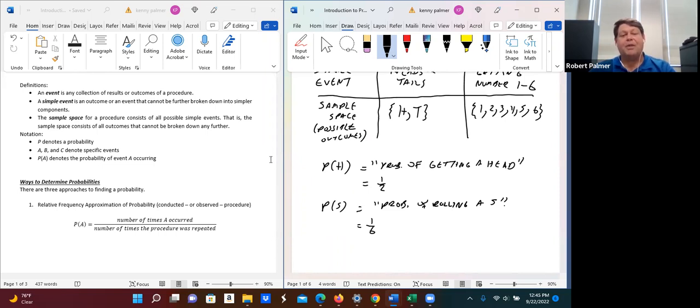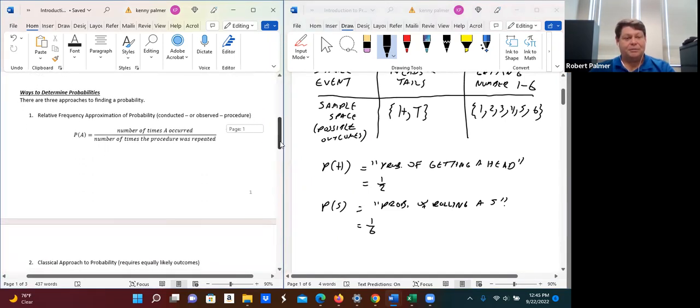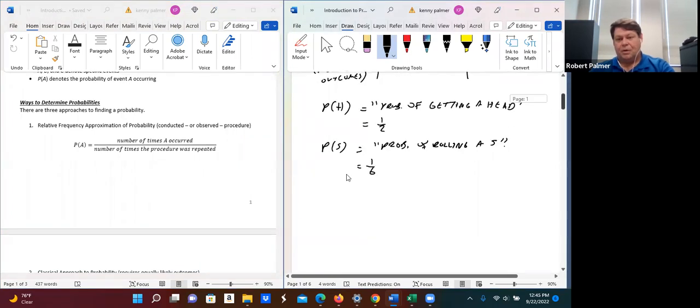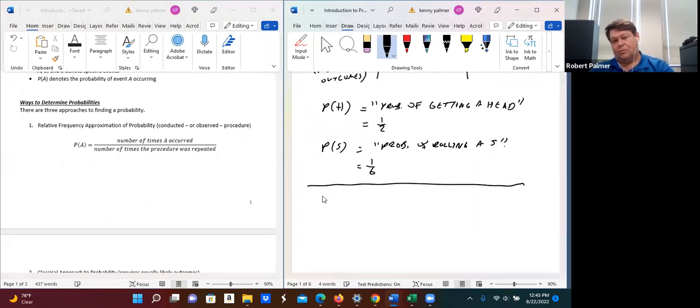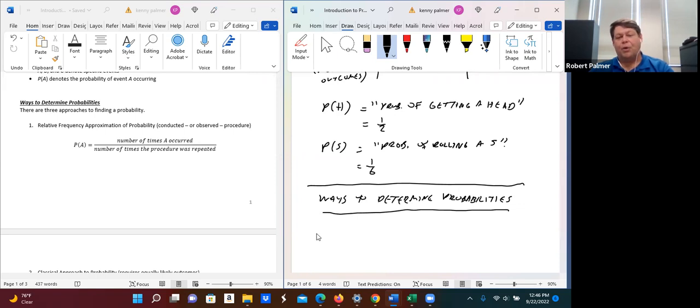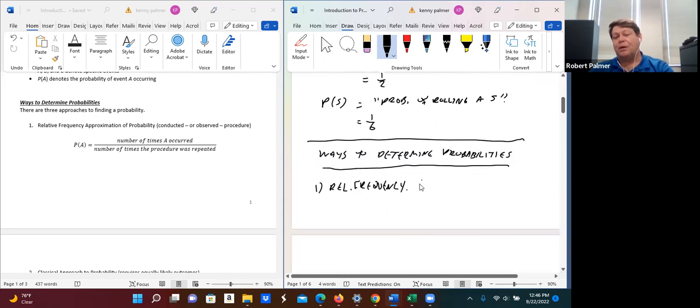Now let's talk about the common ways to determine probabilities. There are 3 main ways. Number 1, we call the relative frequency. Okay, and this is essentially the experimental way.